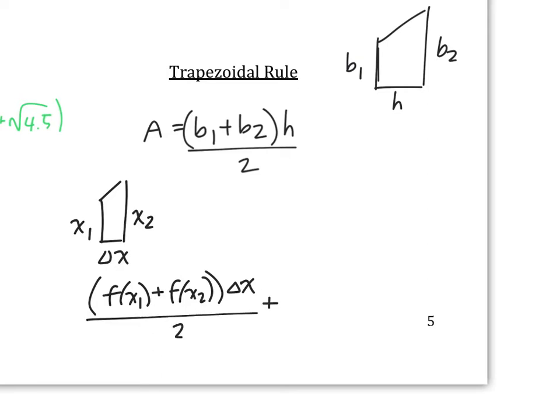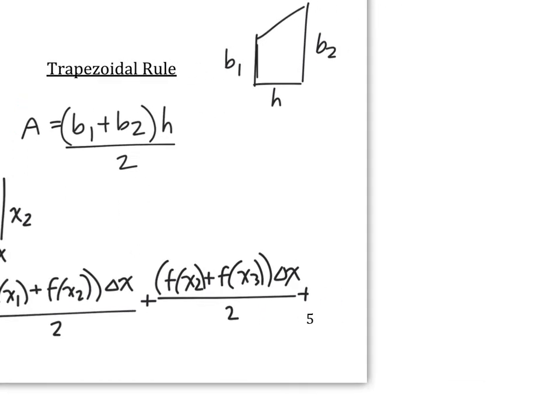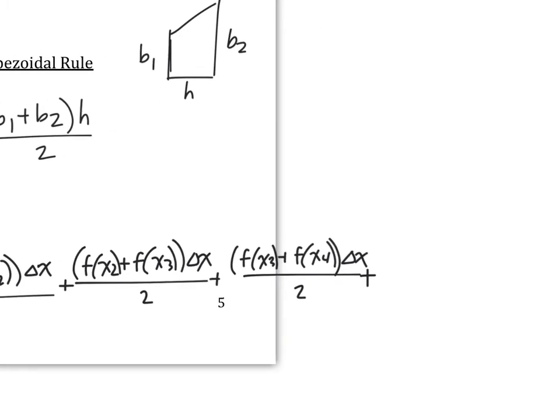Second one, f of x2 plus f of x3 times delta x divided by 2, plus f of x3. To be honest, you don't have to copy this down because I'm going to simplify this formula, which is why I'm showing you this. You just need to know how I get to the final one.